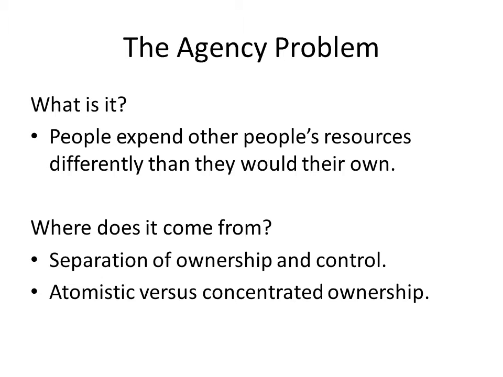Every time the manager wastes $1 of the firm's money, it costs the manager $1 out of his own pocket. But if we have a manager that only owns 1% of the firm, then that manager only bears 1% of the wasteful spending that they do on the job. When they waste $1 of the company's money, it really only costs them a penny.